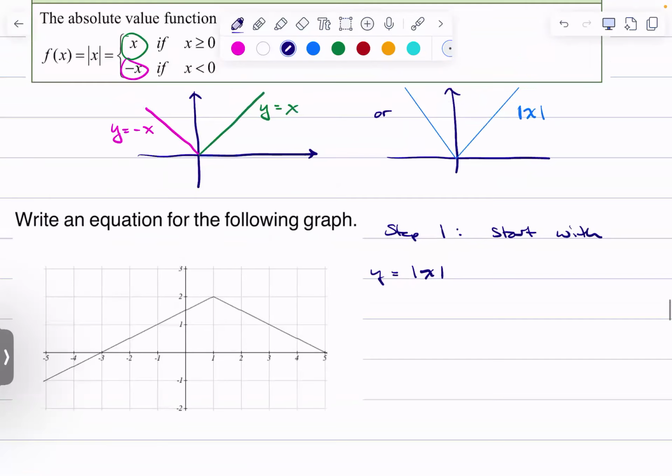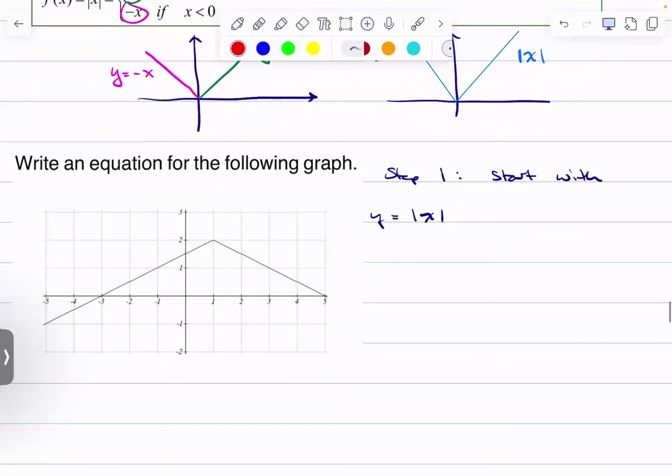First thing that I notice here, compared to my default absolute value function, is that this has been flipped down. And on your formula sheet, you can see that means I have to throw a negative out front, negative y, which is going to look like this.